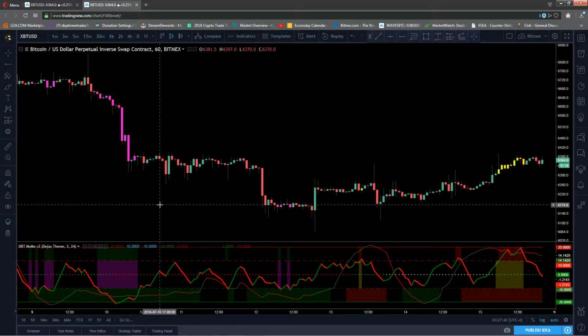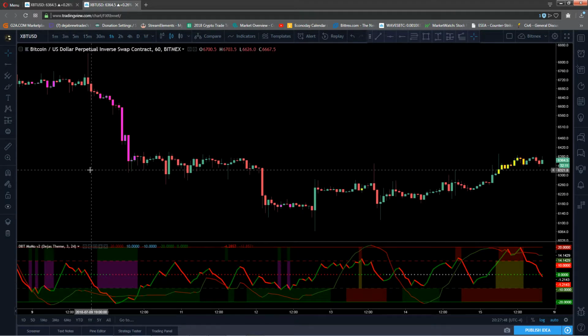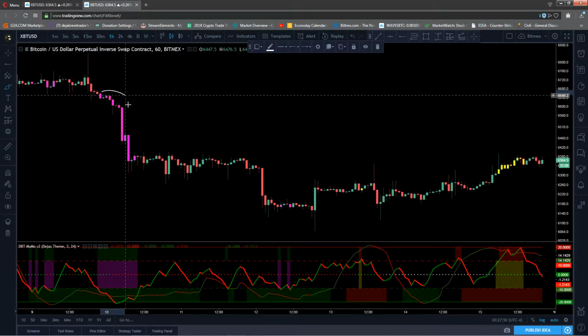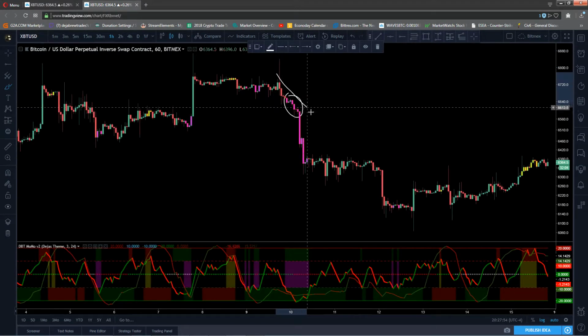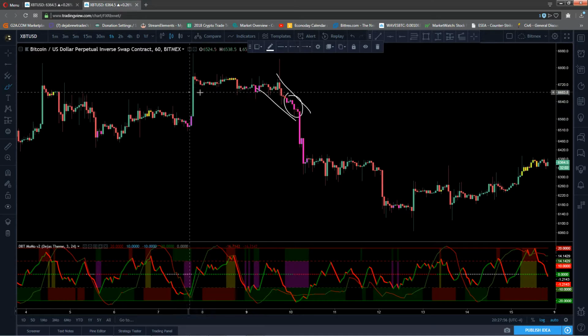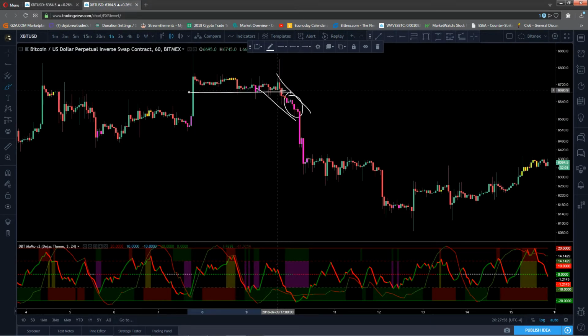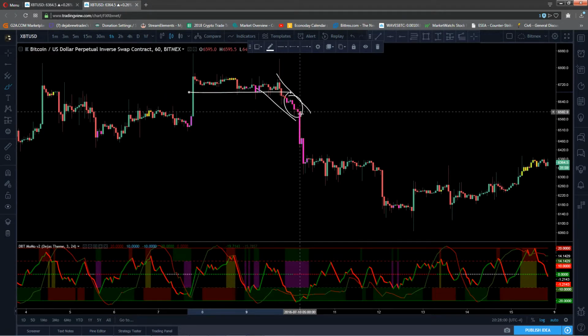Let me repeat that. If it is a strong uptrend or a strong downtrend, areas of extension do not matter. So if you would have seen this as an extension, but this is a very strong downtrend, it was breaking a range here. So this broke a range. This is a very strong downtrend.